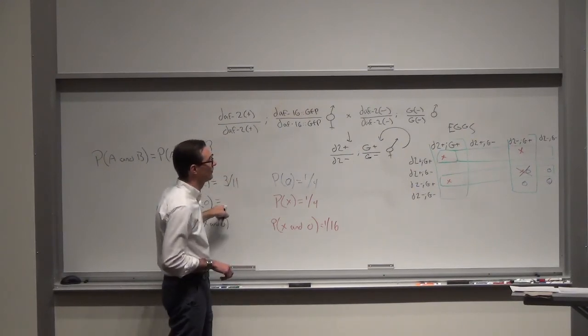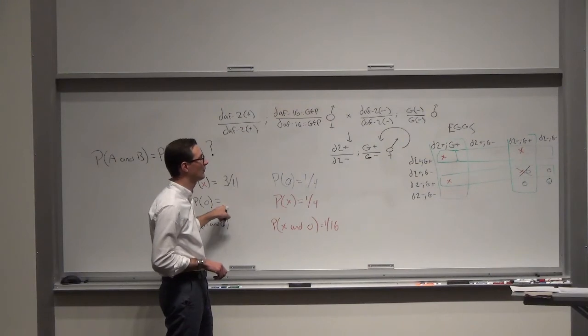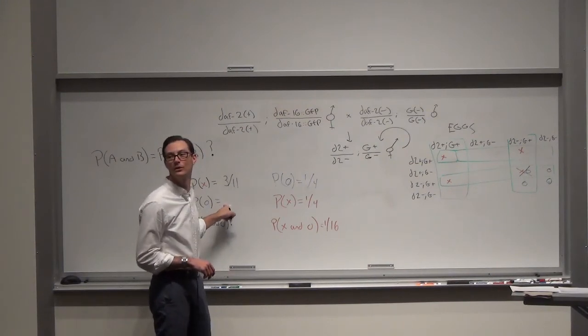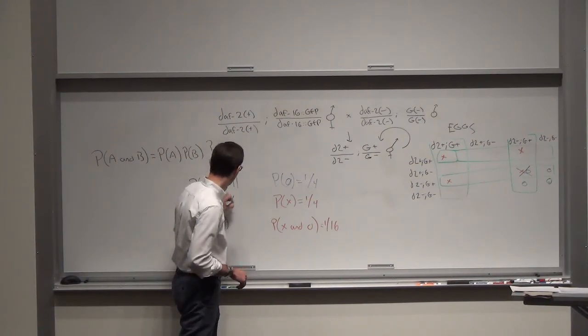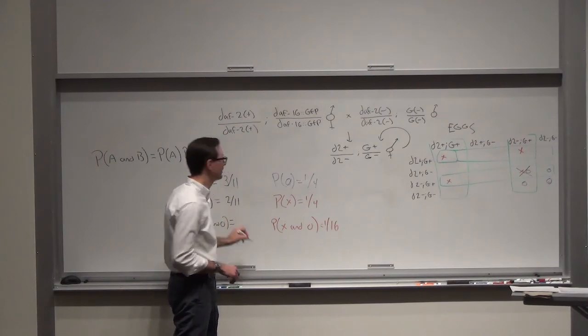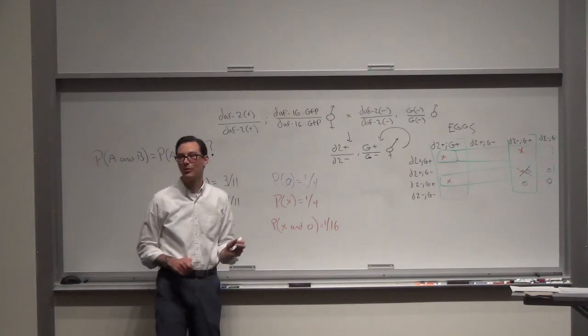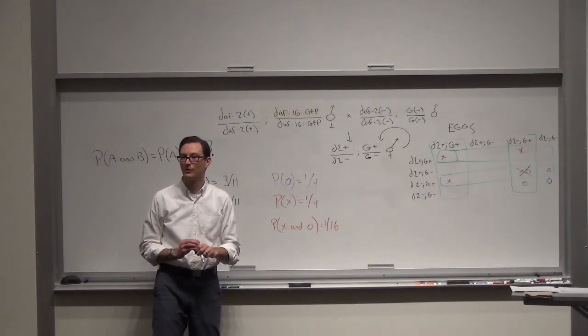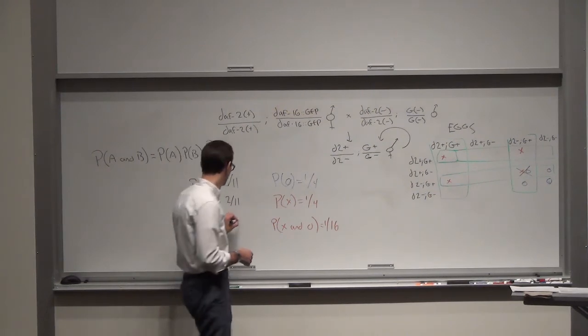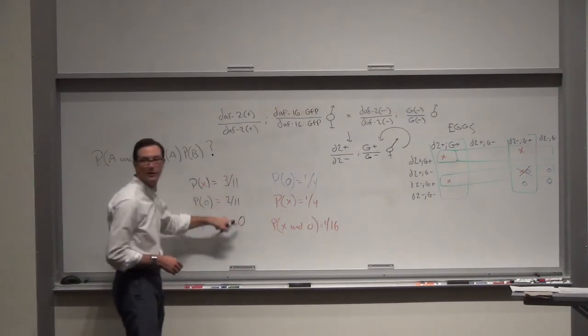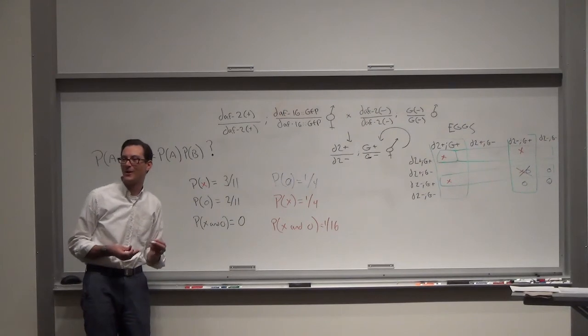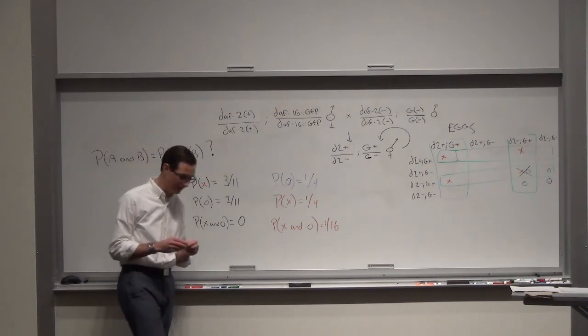And same thing, probability of homozygous DAF2: 2 out of 11. What's the probability of getting both of them together? 0. Those don't multiply together. Is that correct?